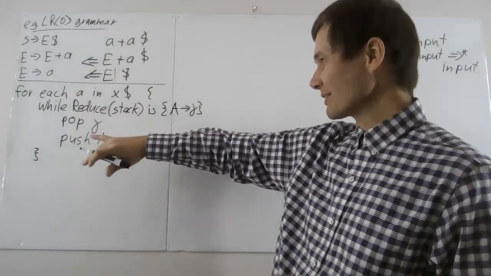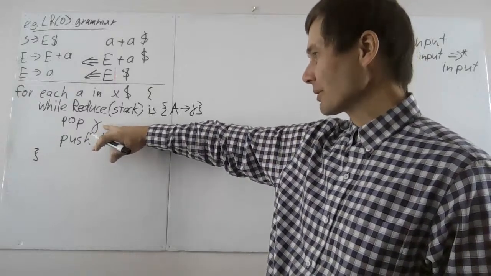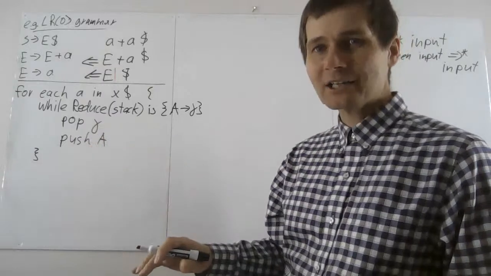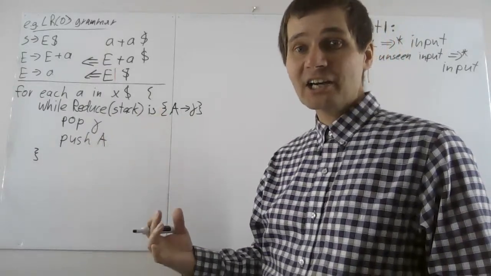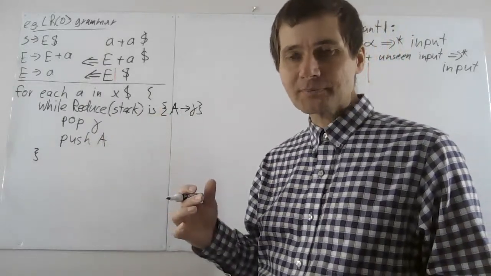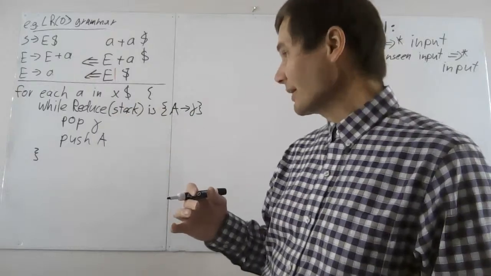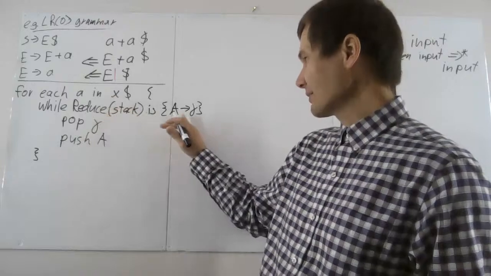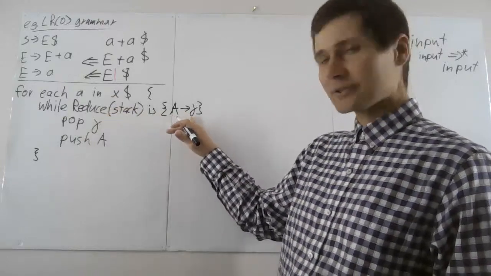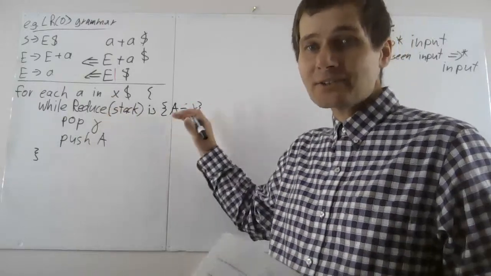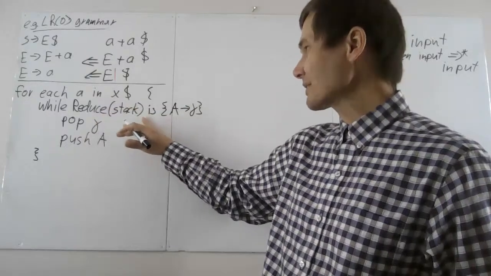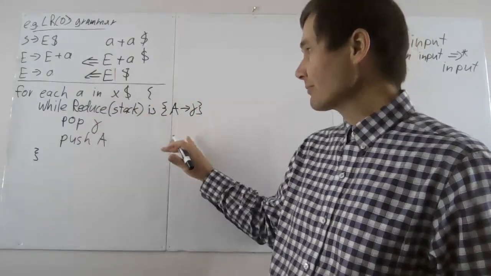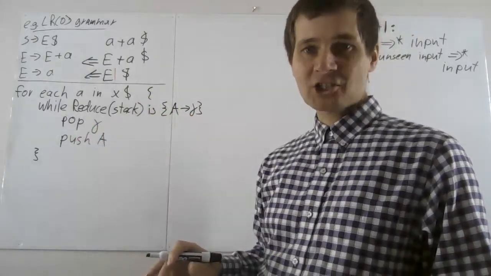So before I look at the question, lots of times people ask about this part: what does it mean to pop gamma off the stack? And what if the stack contains something other than gamma? What if the stack has a bunch of weird symbols, and yet the reduce said reduce by this rule? The answer is, if reduce is correct, then it's only going to suggest this rule if the top of the stack actually matches gamma.